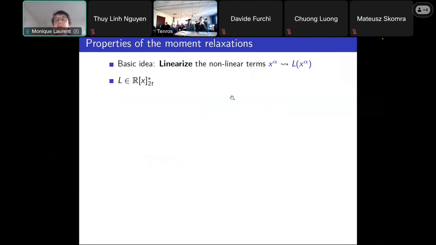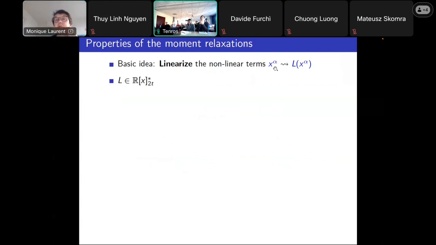So let's step back a bit and understand again how this moment bound comes into the picture. The basic idea is that, remember, you want to minimize P of X. P of X is the sum of P alpha X alpha. So X to the alpha is the troublemaker because this is nonlinear. This is a product of Xi. And then the idea is you linearize this nonlinear term.